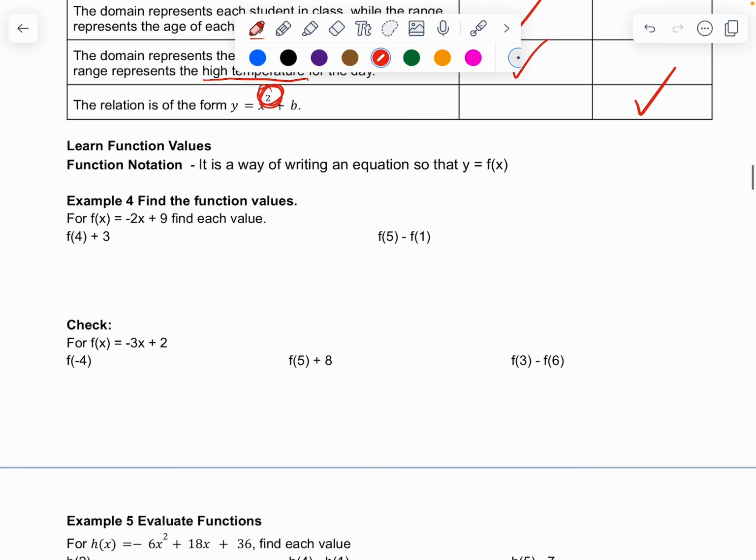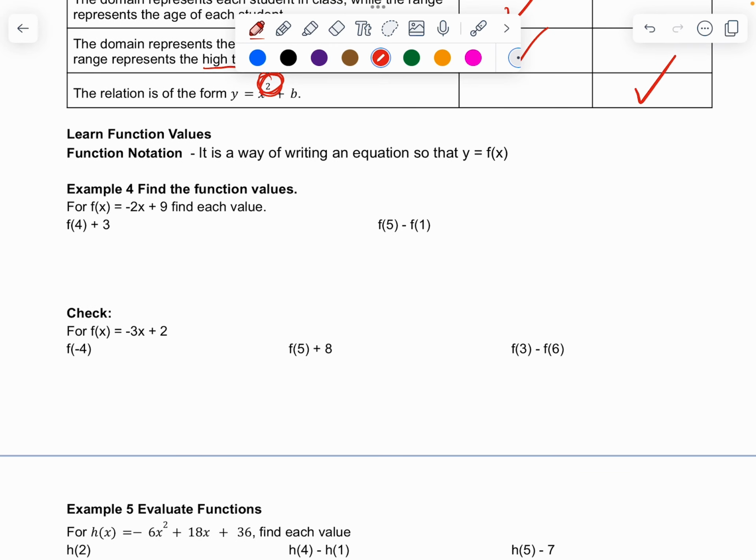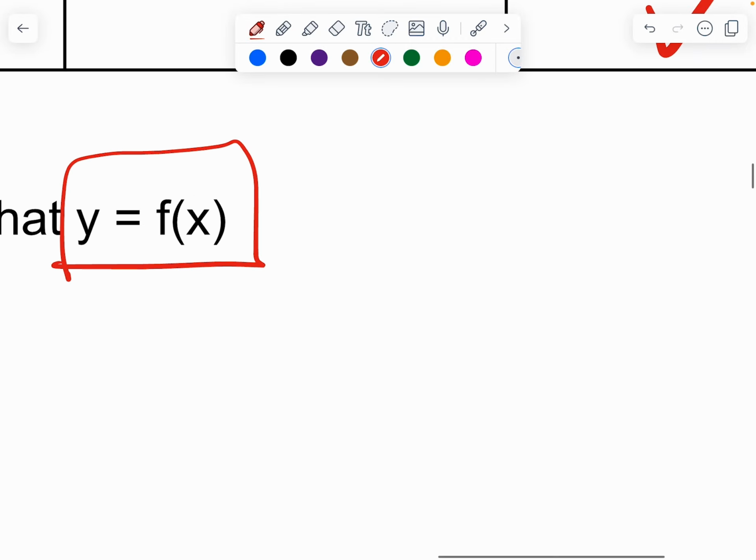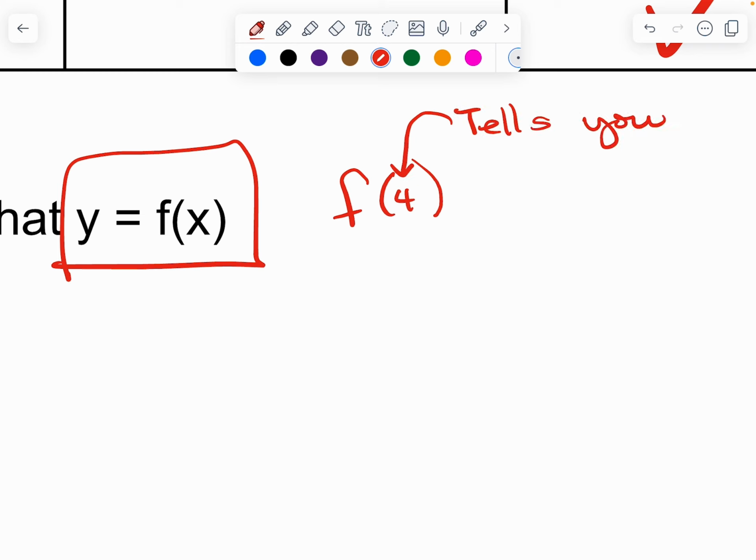Okay, so this next part, function notation. It is the way of writing this equation. So y and f of x are the same thing. What's going to be happening is we're going to see f of x, and you're going to see it like this. All this does right here is it tells you what x is.